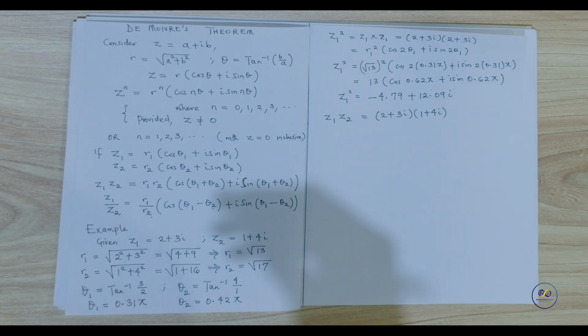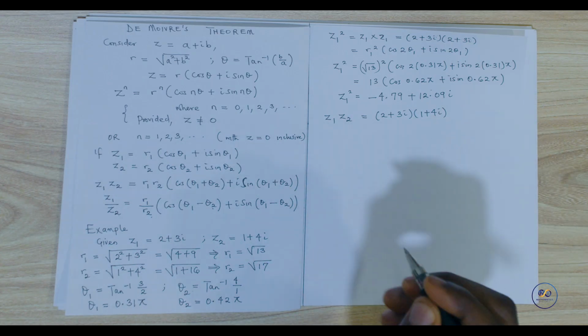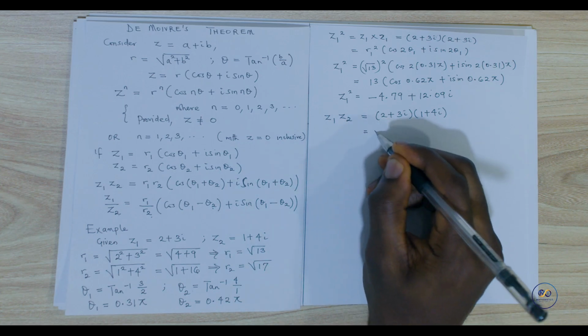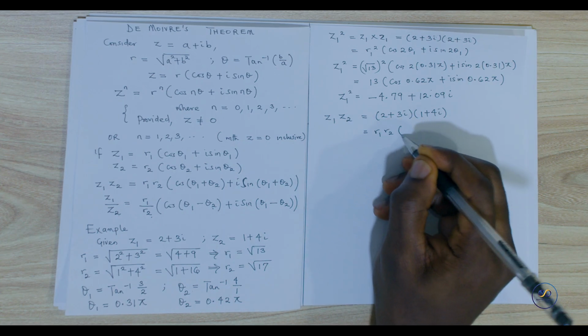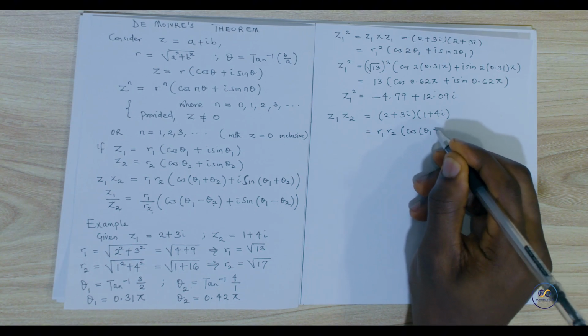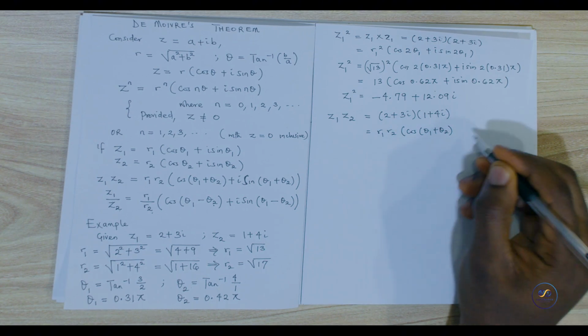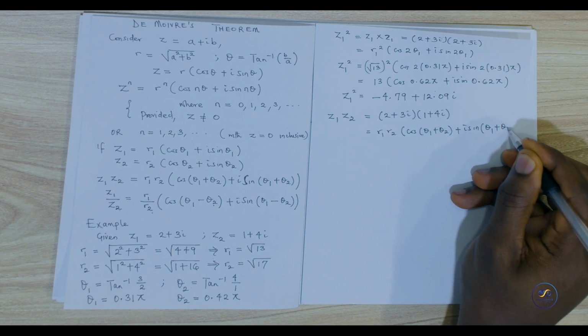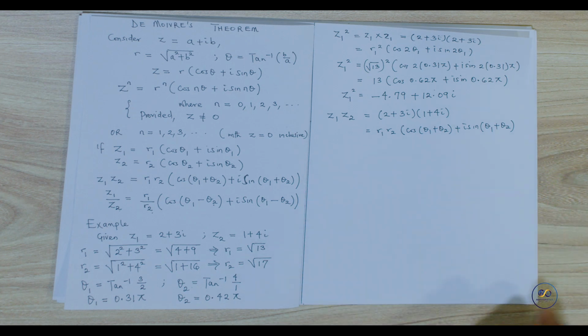But in this case, we are, just as I've said, carrying out the De Moivre's method. So here we'll be utilizing R1, R2 into cos of theta 1 plus theta 2, plus i sine of theta 1 plus theta 2. So in this case, what would we have?